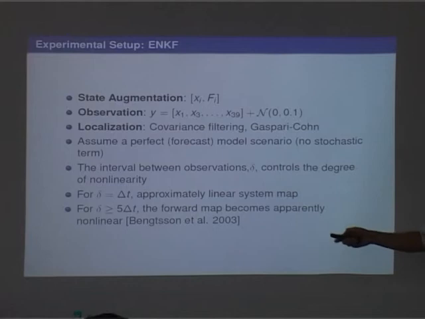But if delta is really large, normally it's shown that if it's larger than 5 delta t, then the flow map becomes nonlinear. So if you observe things at really low frequencies, from this step to the next observation step, then the flow map is really nonlinear. As long as the error is small. Yeah, right, of course.